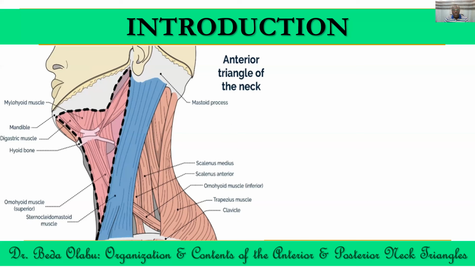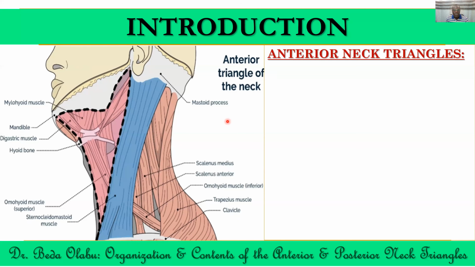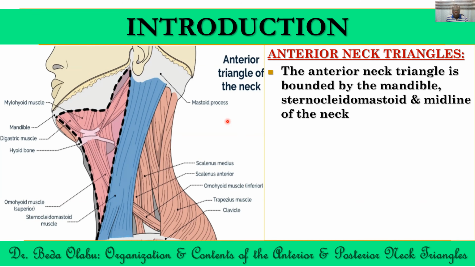So just to remind us of what we should already know, especially if you've been following the first two parts of these lectures on the neck triangles. We have the anterior neck triangle, which is bounded by the following. We have the anterior border of the sternocleidomastoid muscle there.